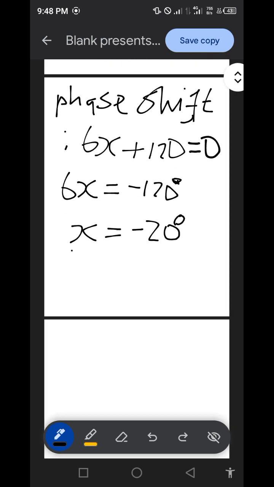Negative 20 degrees, that is our phase shift. So it's going backward at the angle of negative 20.